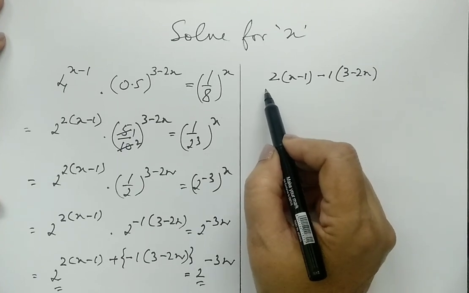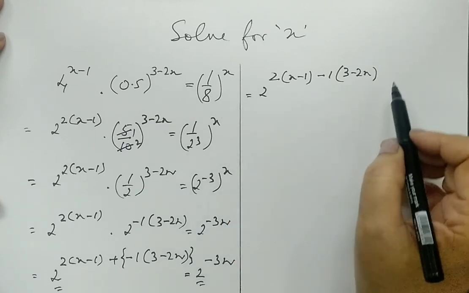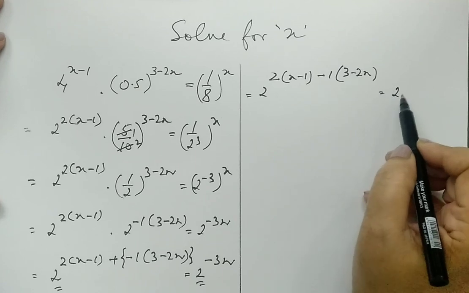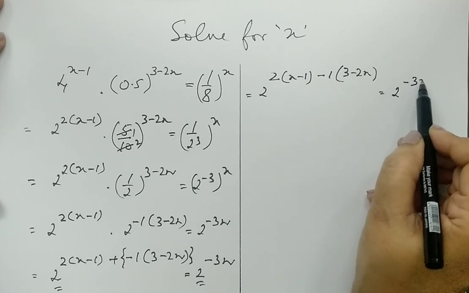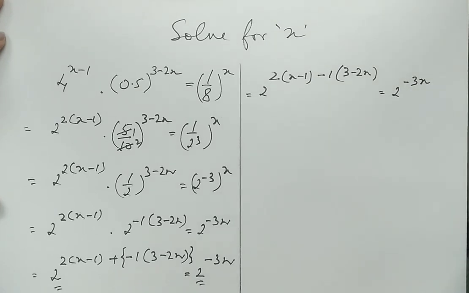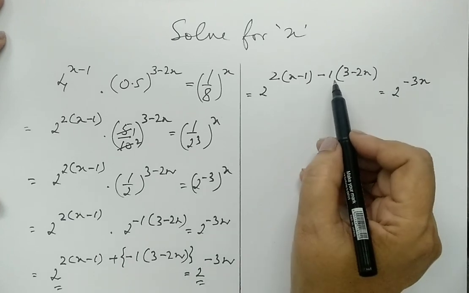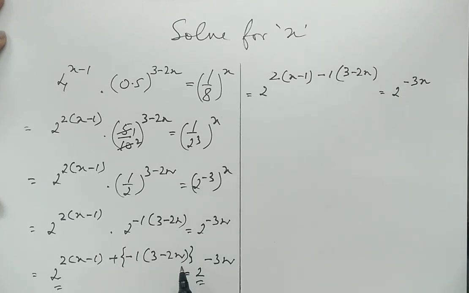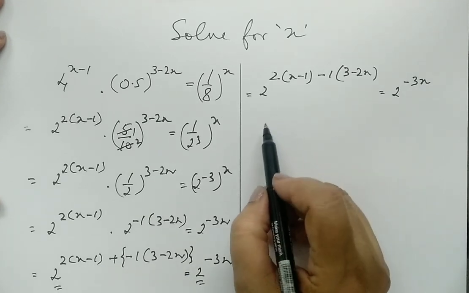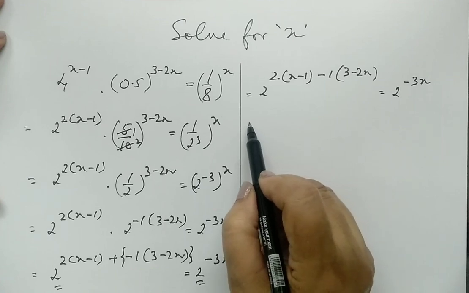And here the base, and here 2 to the power minus 3x. So minus plus, minus plus minus 1, and this one we are only copying. Here there's no change.